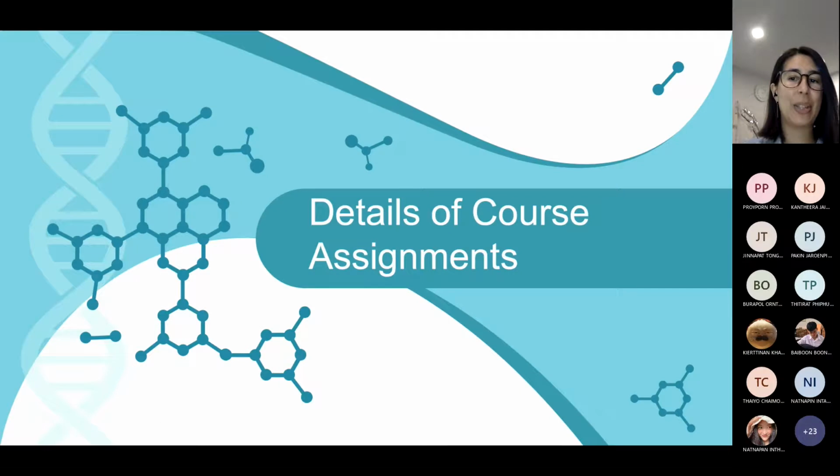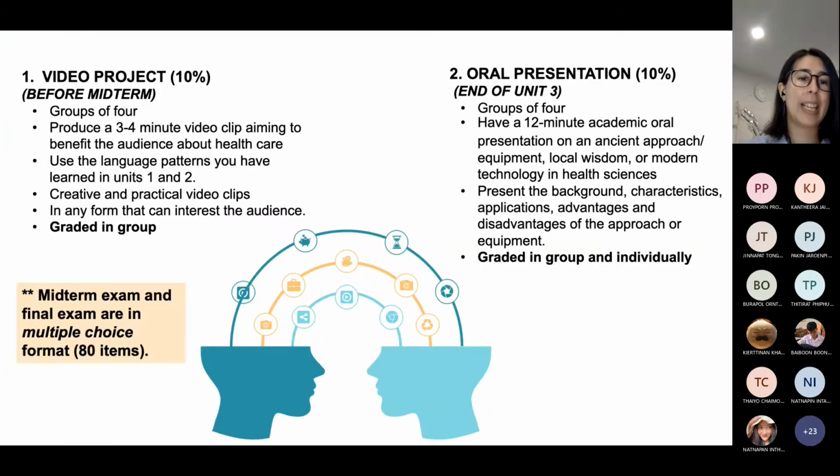All right, so details of course assignments. Very quickly, again, the video project, groups of 4: you will produce a 3 to 4 minute video clip aiming to benefit the audience about healthcare.